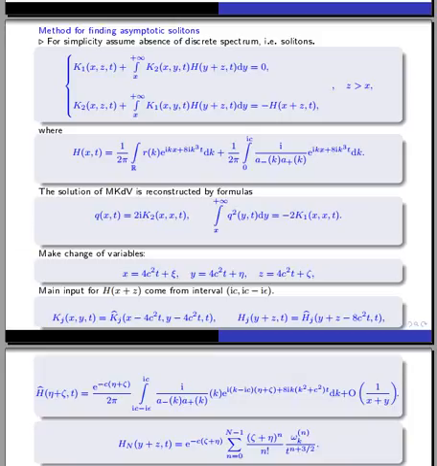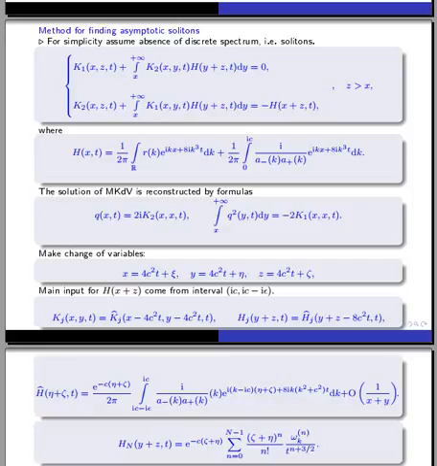They are based on the Gelfand-Levitan-Marchenko equations, which for the modified Korteweg-de Vries equation form a system of two equations, because the Lax pair for the modified Korteweg-de Vries equation is a matrix pair. The kernel H of x, t is defined here by the following formula.